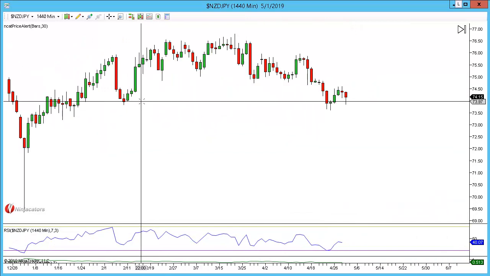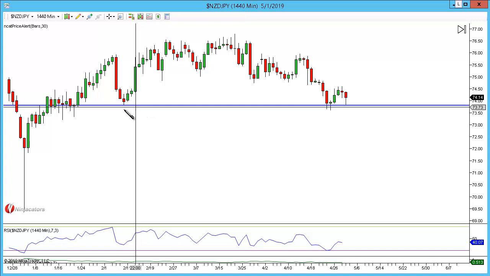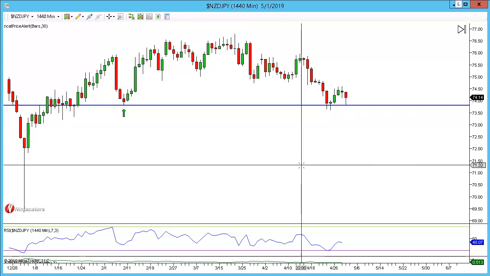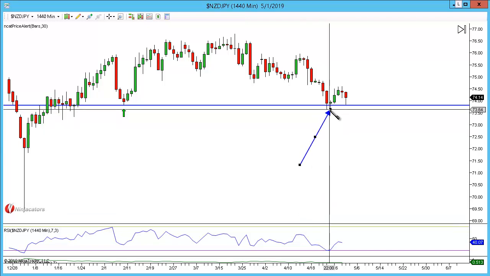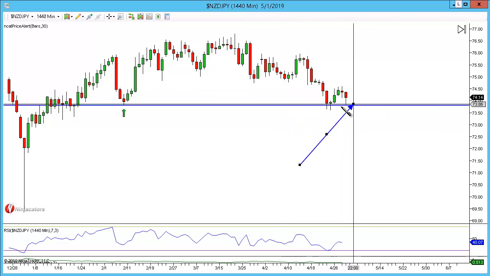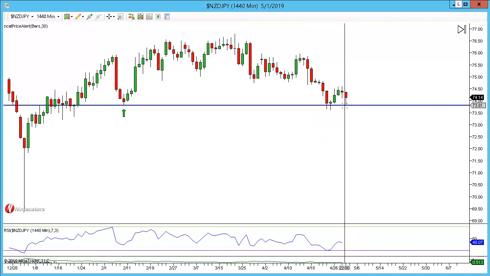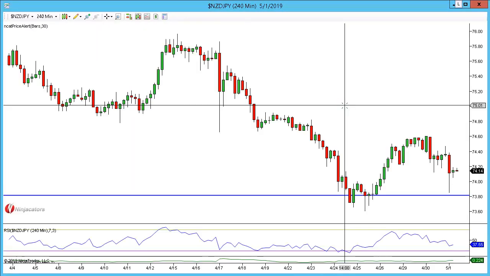Here on the dailies, I'm going to put a structure level on at the low of the structure level, and here on the dailies you can see we've held that level, but what we've done is we've seen a bounce and a retest. So here on the dailies there's nothing other than the price action retesting those lows.